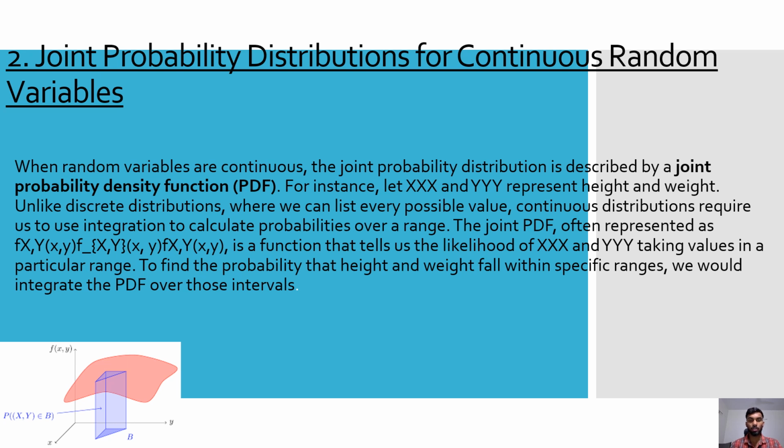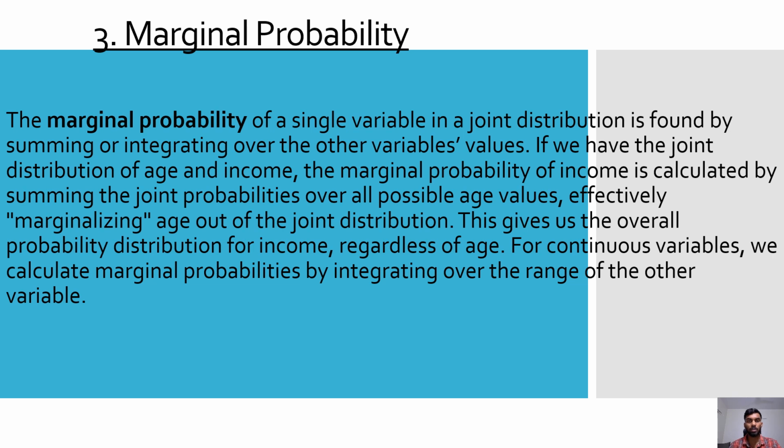The joint probability density function is often represented as a function that tells us the likelihood of x and y taking values in a particular range. To find the probability that height and weight fall within specific ranges, we would integrate the probability density function over those intervals.